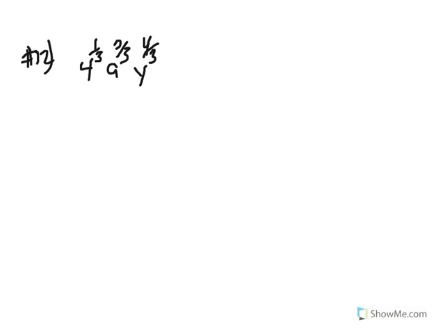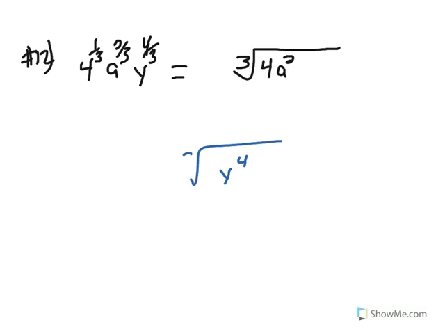Number 12, the directions. Express using radicals. Well, since each denominator in our exponent is a 3, that's going to mean this is the cubed root. So it's going to be 4 to the first, a squared. We've got to be careful about this y to the fourth. If we put a y to the fourth in here, that really means that we have 4 y's we're multiplying together.